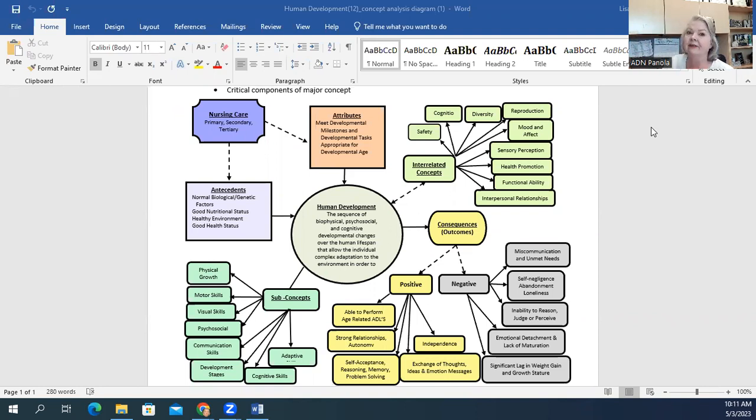Human development is very complex. And this is the one where I say, you have to know what's normal in order to recognize what is abnormal. So knowing normalcy in human development is the key.